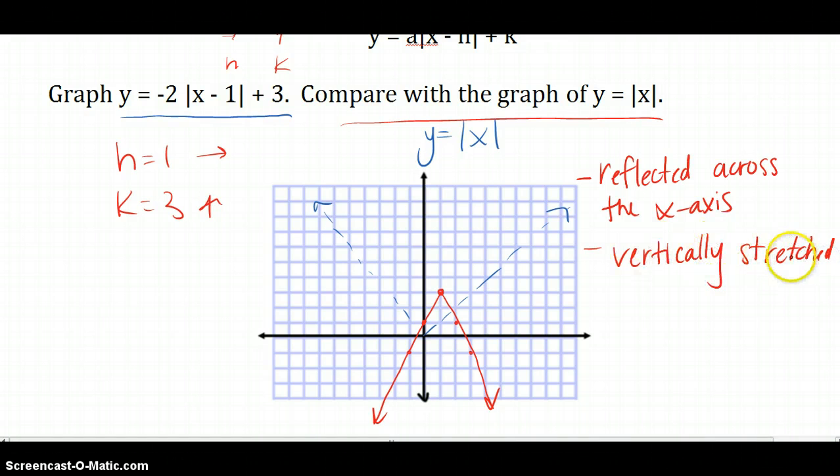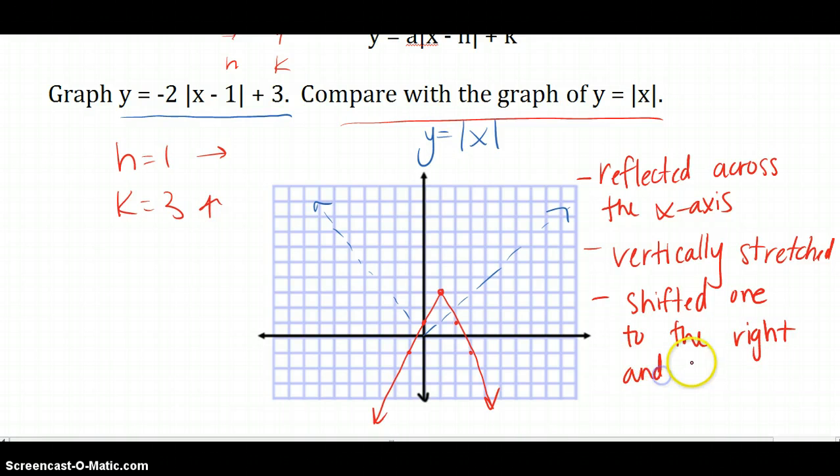Your two options are vertically stretched or vertically shrunk. We're stretched because it's elongated. And our vertex is shifted 1 to the right and 3 up. And that is how you compare it to the original graph. That should be your answer.